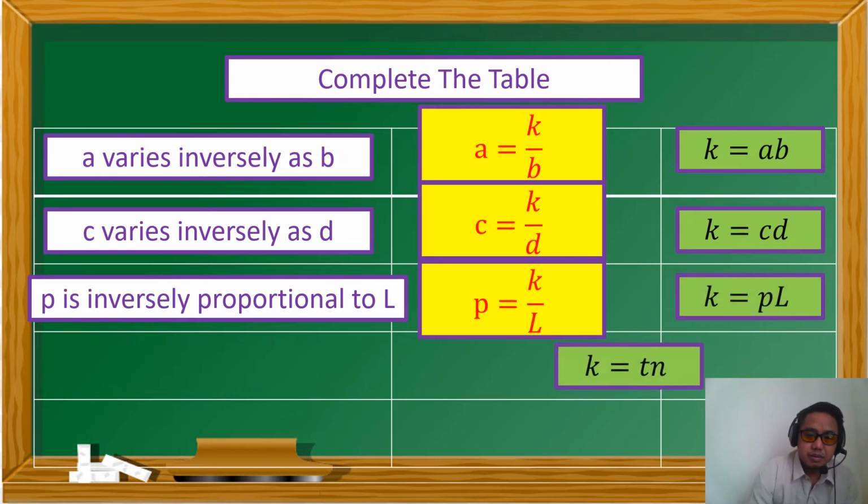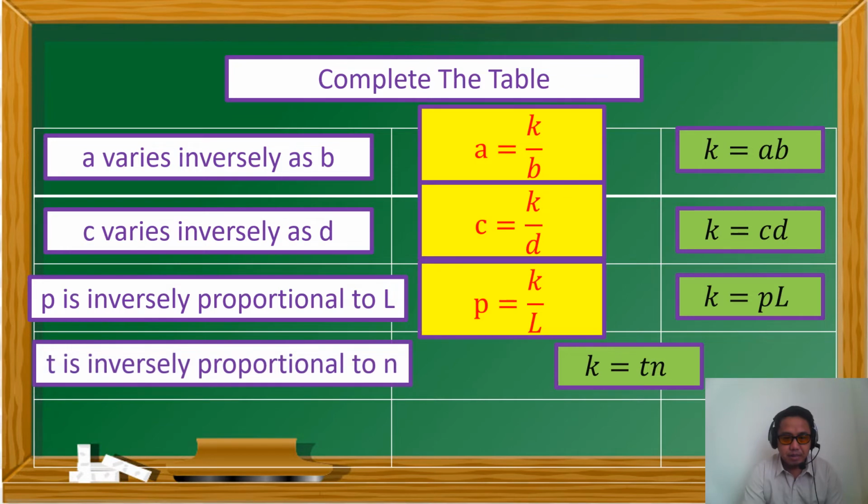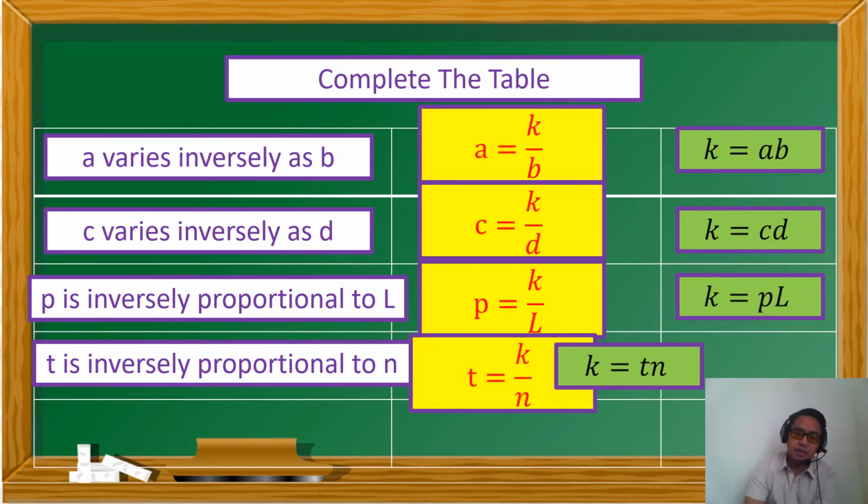And then, if K is equal to T times N, in sentence, T is inversely proportional to N. And in mathematical sentence, that is T is equal to K over N. Okay?